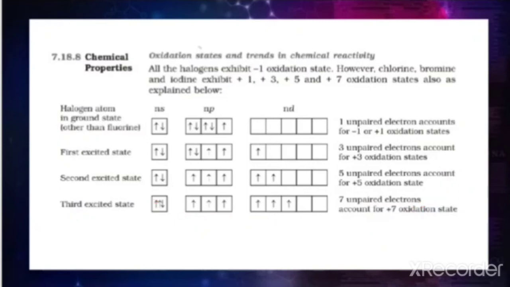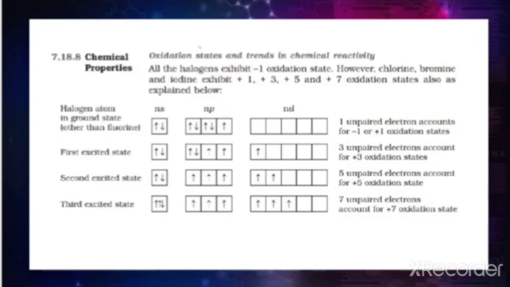Since in the case of fluorine there is no vacant d orbital, this excitation is not possible. So we can say that it shows only -1 oxidation state, and it does not show +1 also because it is a highly electronegative element.